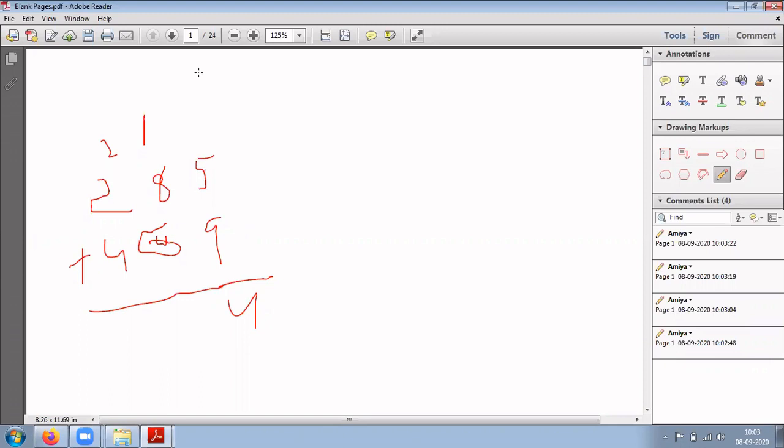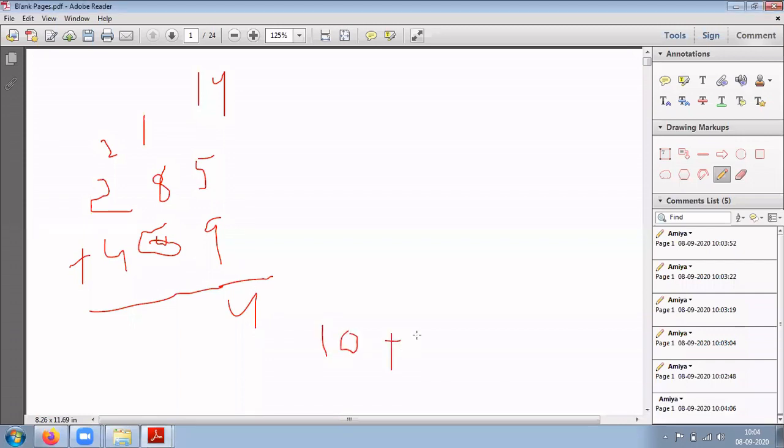So out of 14 in the decimal system, a bundle is 10. 14 can be written as 10 plus 4, right? Out of 10 plus 4, this 10 is a bundle.